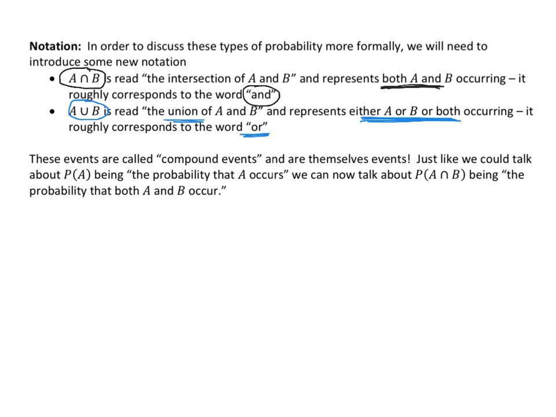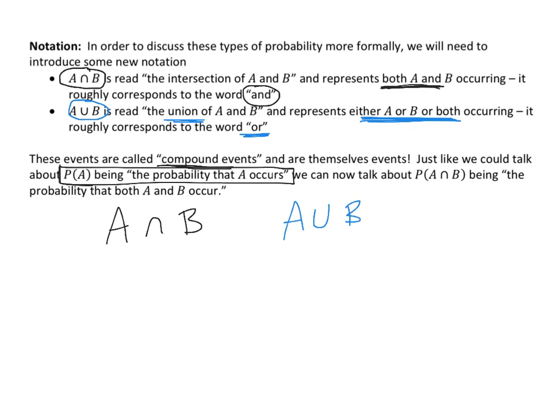Now another thing I want you to know about is that these events, this A union B and the A intersect B, are what are called compound events, okay? And they are themselves events. In the same way that we can use the notation P parentheses A to mean the probability that A occurs, we can now use the probability of A intersect B to mean the probability that both A and B occur.